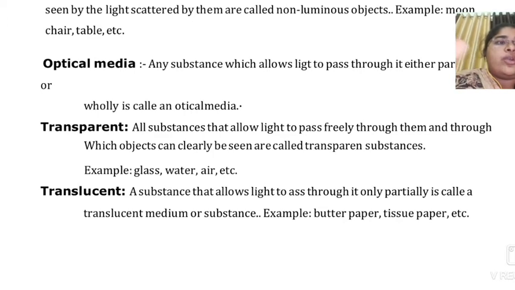Freely means there is no disturbance in the path of the light, and all rays pass through the object. For example, clear glass, through which we can see from one side to the other. Water and clean air are also examples of transparent objects.